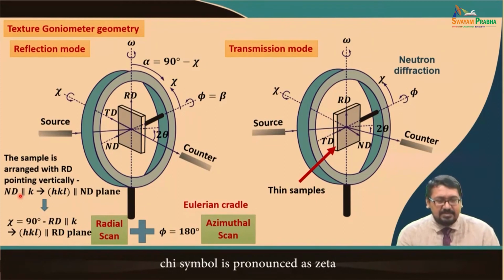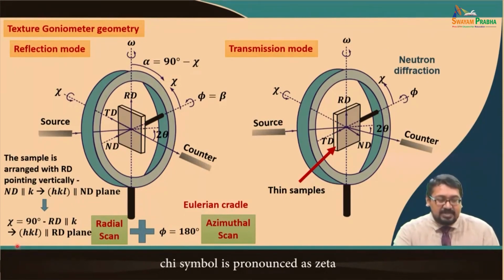And you see that when the ND is rotated, the HKL planes which are basically perpendicular to ND, that means the HKL planes which are parallel to the sample surface, actually get diffracted when ND is parallel to K.